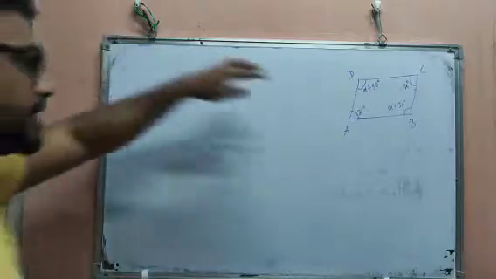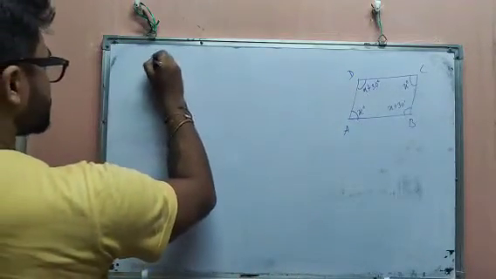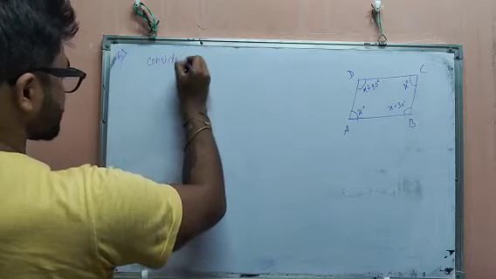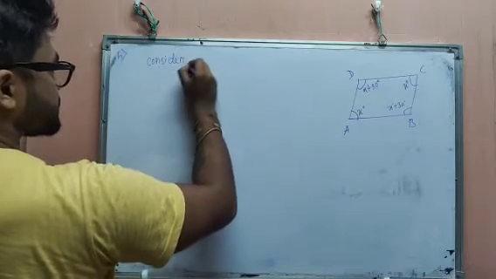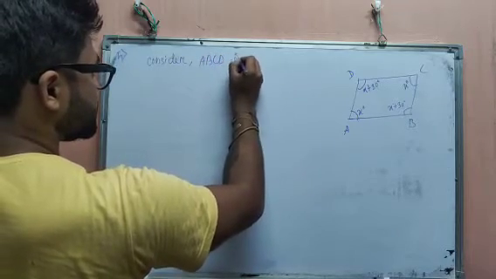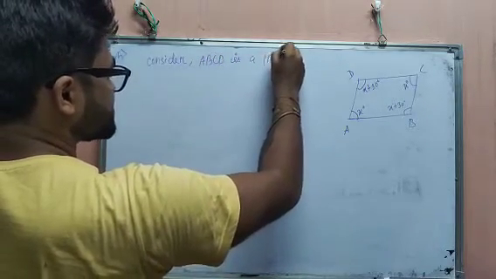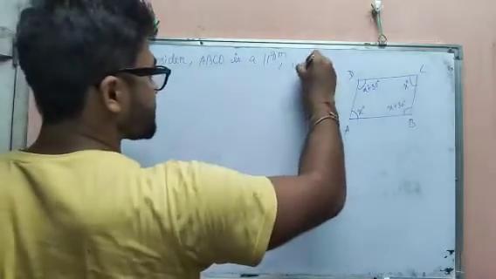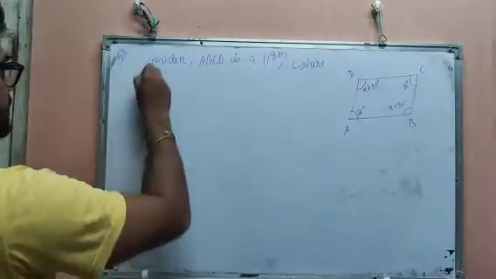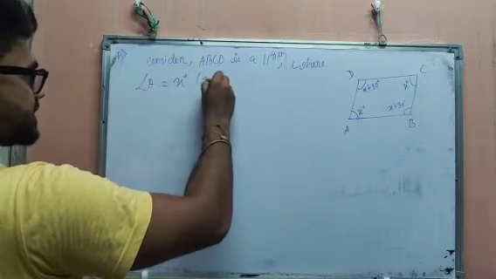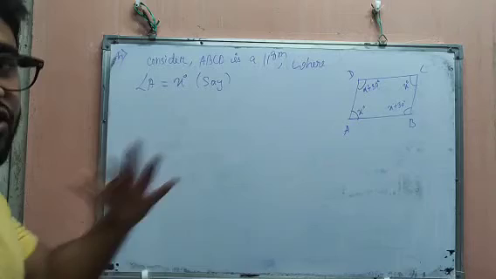What we can write? Consider, this is question number 5. Consider ABCD is a parallelogram. We are considering that ABCD is a parallelogram, where angle A equal to x degree. Say means what? We are assuming it.